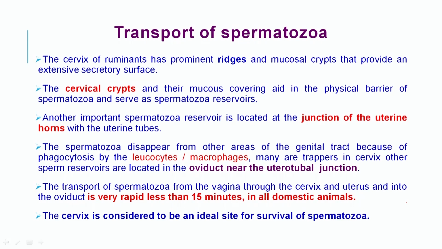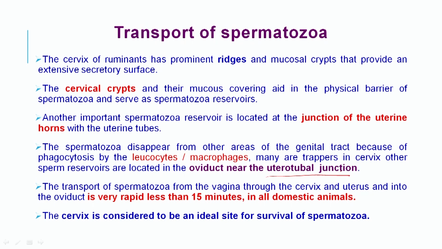Another important spermatozoa reservoir is located at the junction of the uterine horns with the uterine tubes. The spermatozoa disappear from other areas of the genital tract because of phagocytosis by leukocytes and macrophages. Many are trapped in the cervix. Other sperm reservoirs are located in the oviduct near the uterotubal junction.